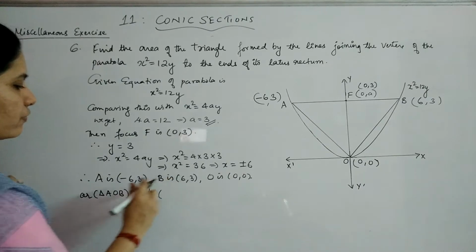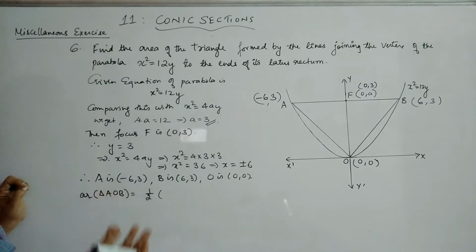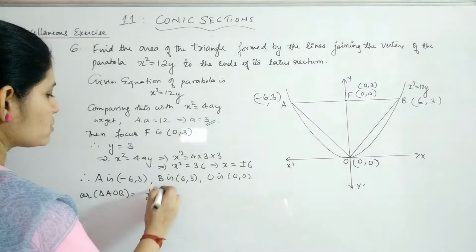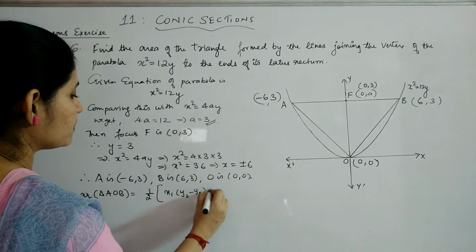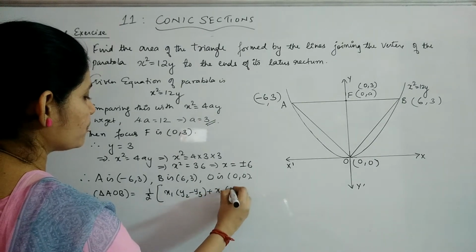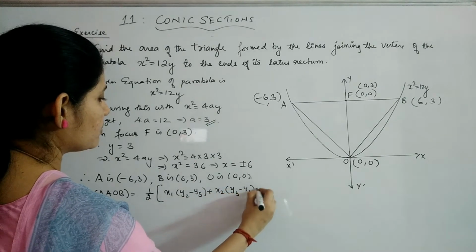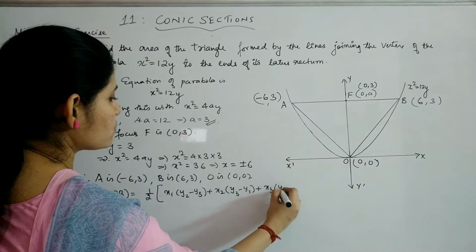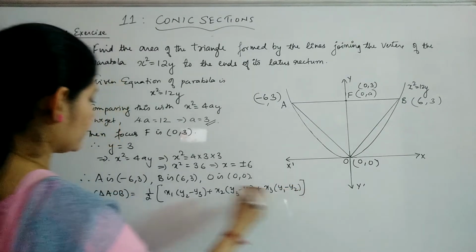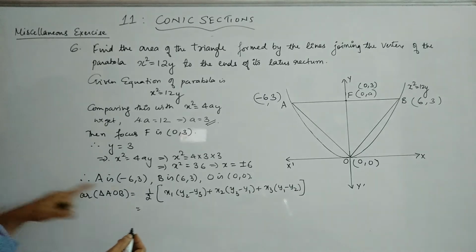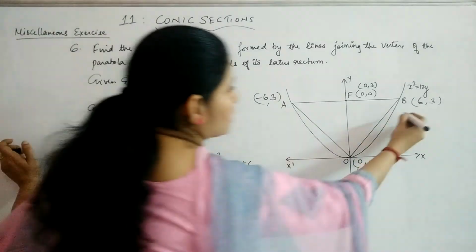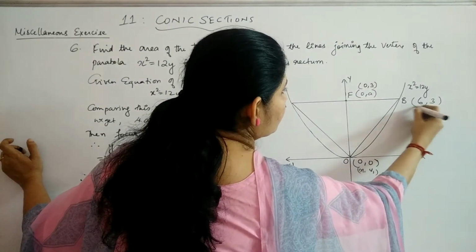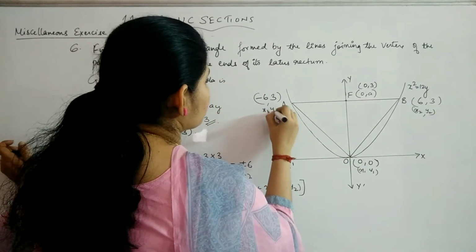Normally, what is the formula if you have 3 vertices of the triangle? Half into x1 into (y2 minus y3) plus x2 into (y3 minus y1) plus x3 into (y1 minus y2). Suppose this is x1 y1, x2 y2 and x3 y3.